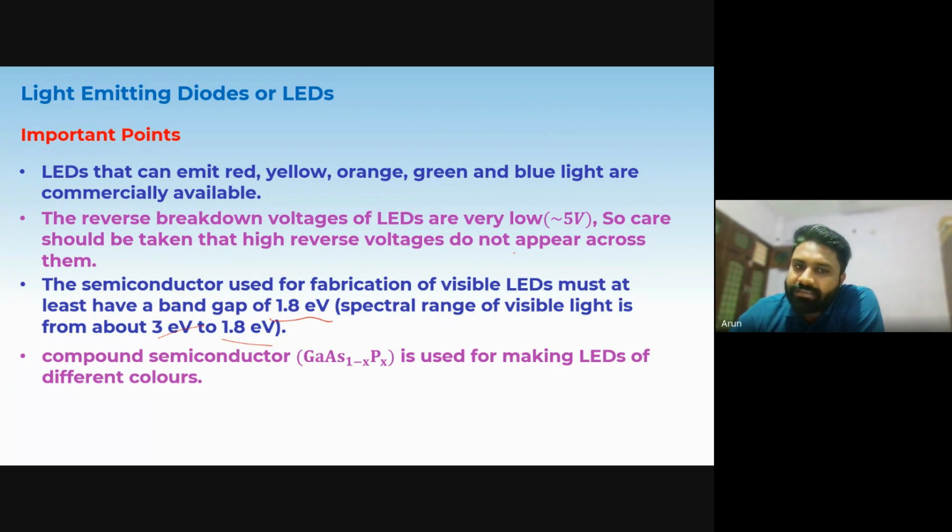This gallium arsenide phosphide we would use as the compound semiconductor, and it is used for making LEDs of different colors. You will see here this is 1 minus x and this is x. So if you are taking x as, let's say, 0.2, then this will become 0.8.